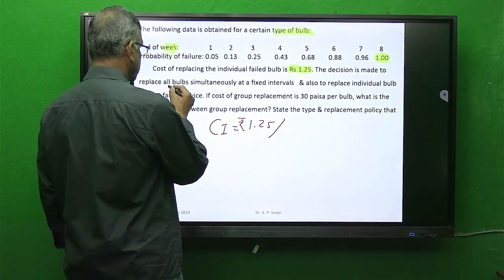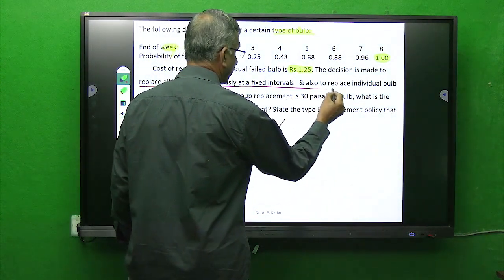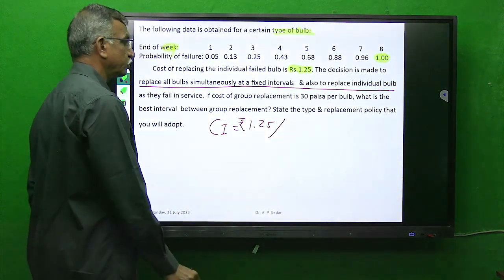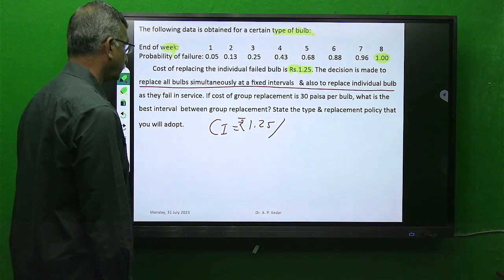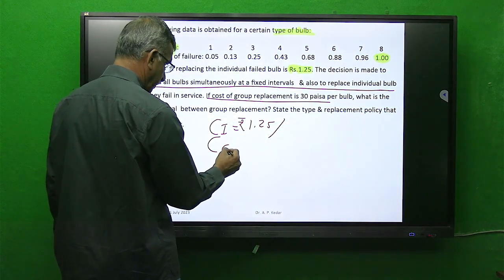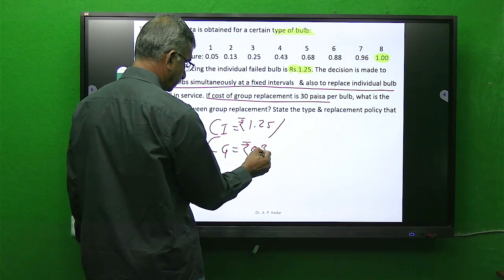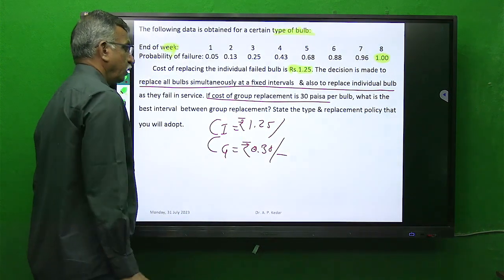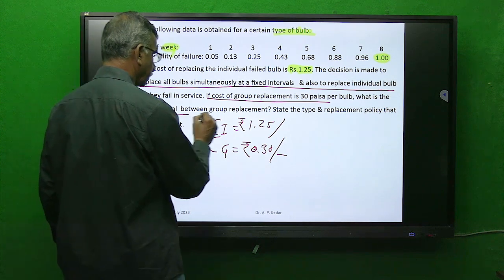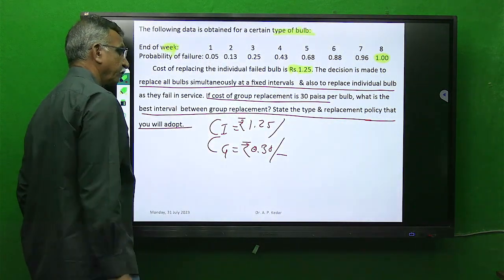The decision is to be made whether to replace all the bulbs at fixed intervals and also to replace individual bulbs as and when they fail, and the cost of group replacement is 30 paisa. CG is given as 30 paisa, 0.30. What is the best interval between group replacements, and state the type of policy.